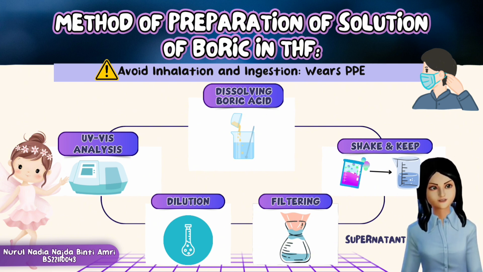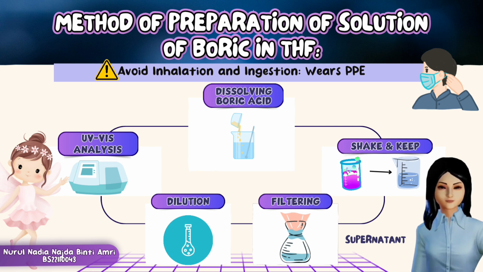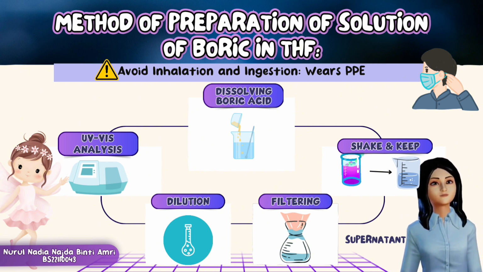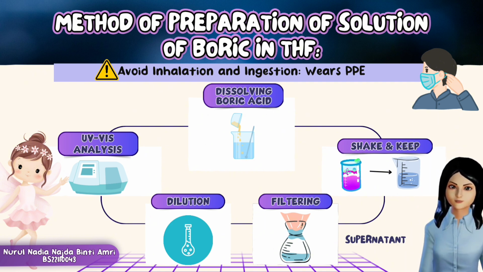The undisturbed solution was next filtered to obtain the supernatant. 4. 200 microliters of supernatant is obtained and diluted to 3 ml using THF, and is ready for the UV-vis analysis. 5. As a precaution, PPE such as a proper face mask must be used, as it is prohibited to inhale or ingest both chemicals due to their volatility.